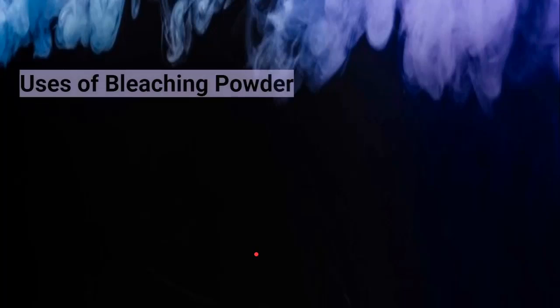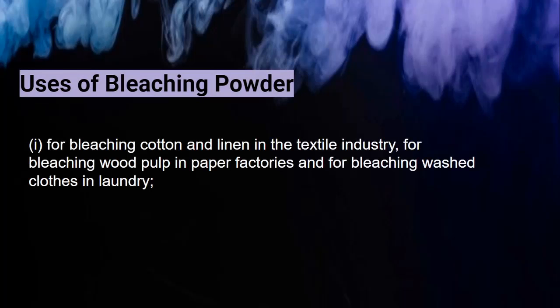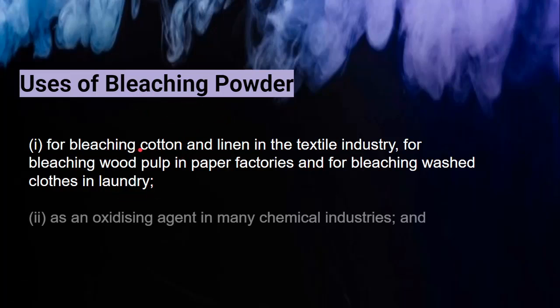Now let us see the uses of bleaching powder. First, for bleaching cotton and linen in the textile industry, for bleaching wood pulp in paper factories, and for bleaching washed clothes in laundry. Second, as an oxidizing agent in many chemical industries.